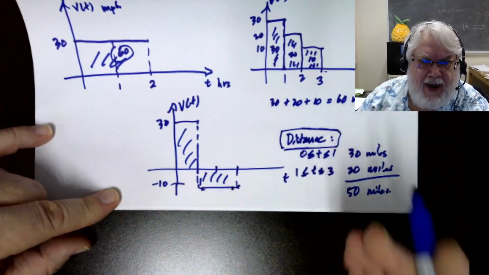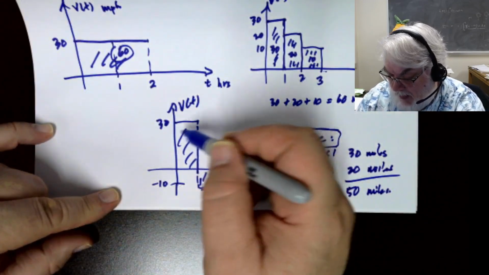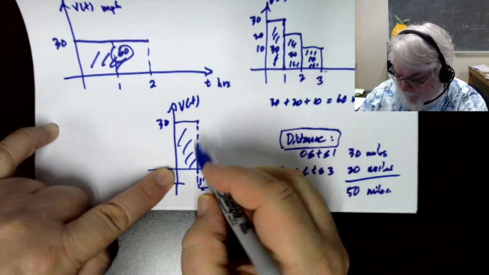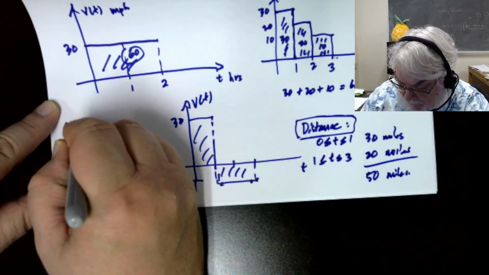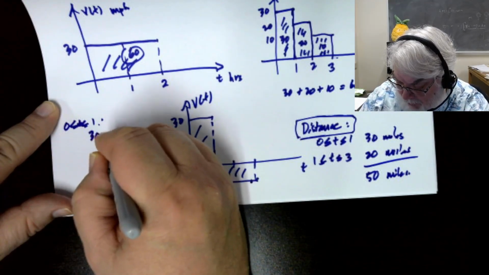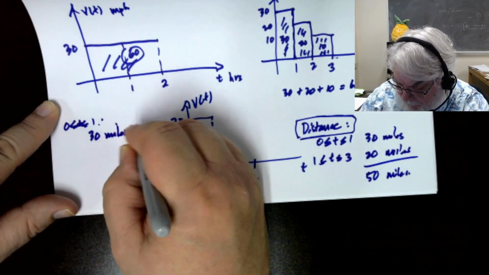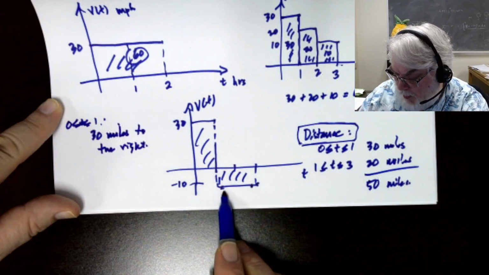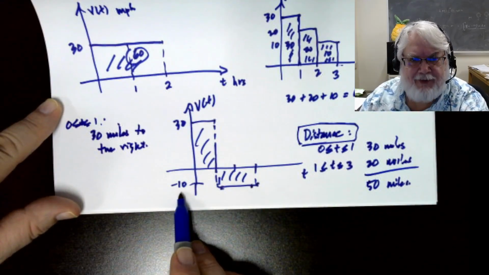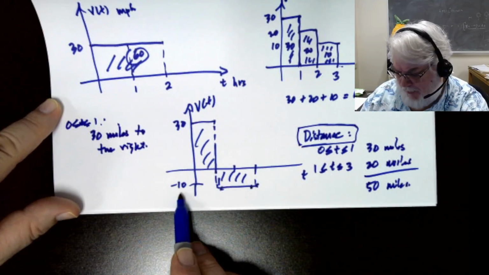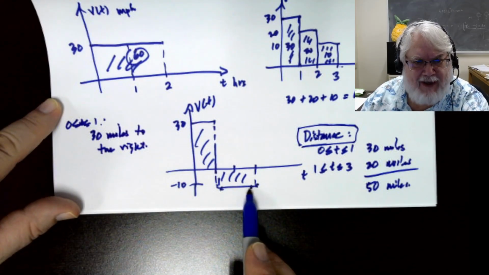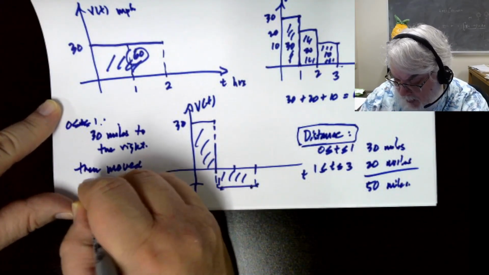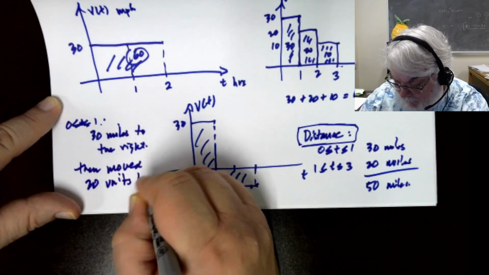Now, where am I in terms of my position? In the first hour, from time 0 to time 1, we've moved 30 miles to the right. But then from time 1 to time 3, we're moving in the opposite direction at 10 miles per hour, and so we've moved 20 units left.